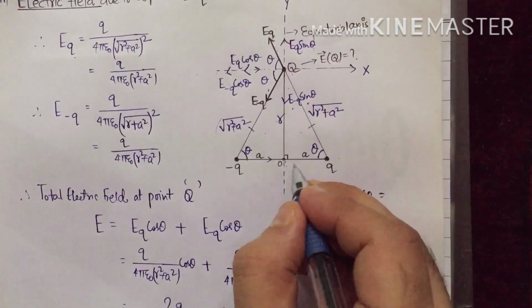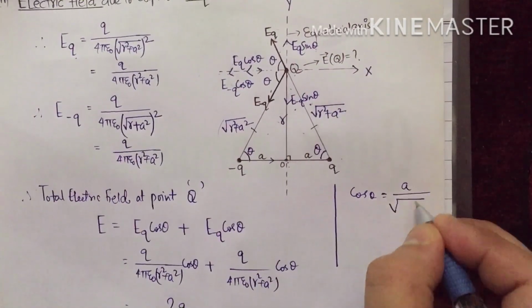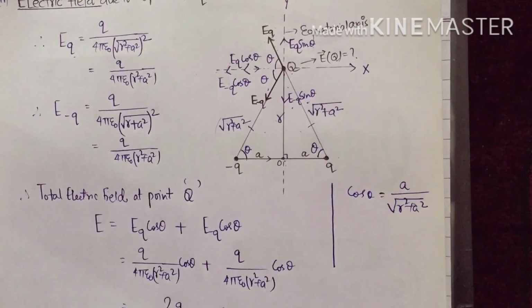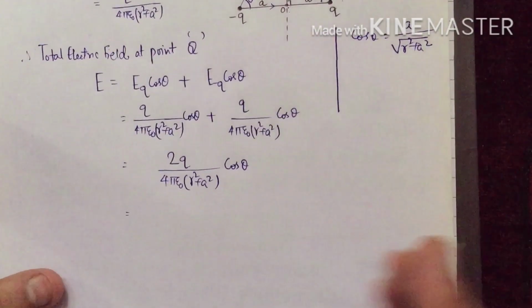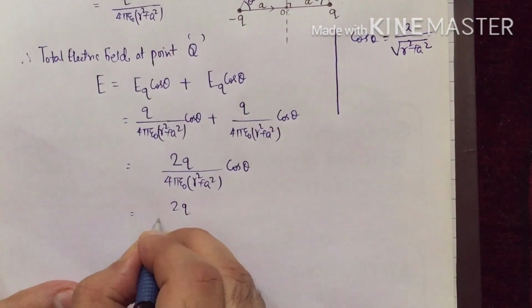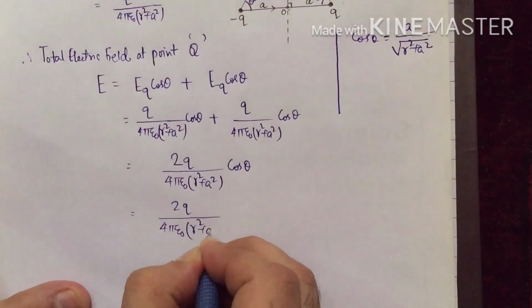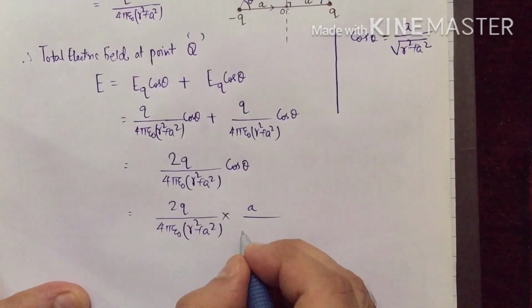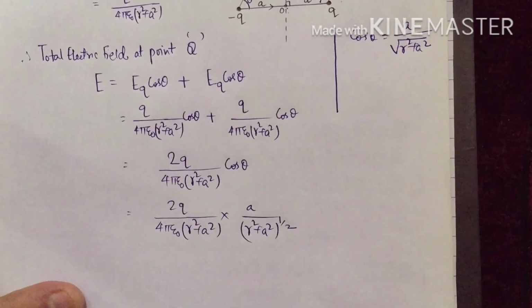Cos theta is B by H. So we have B divided by H, which is the square root of R square plus A square. What is cos theta, B by H? It's A divided by (R square plus A square) whole power half.